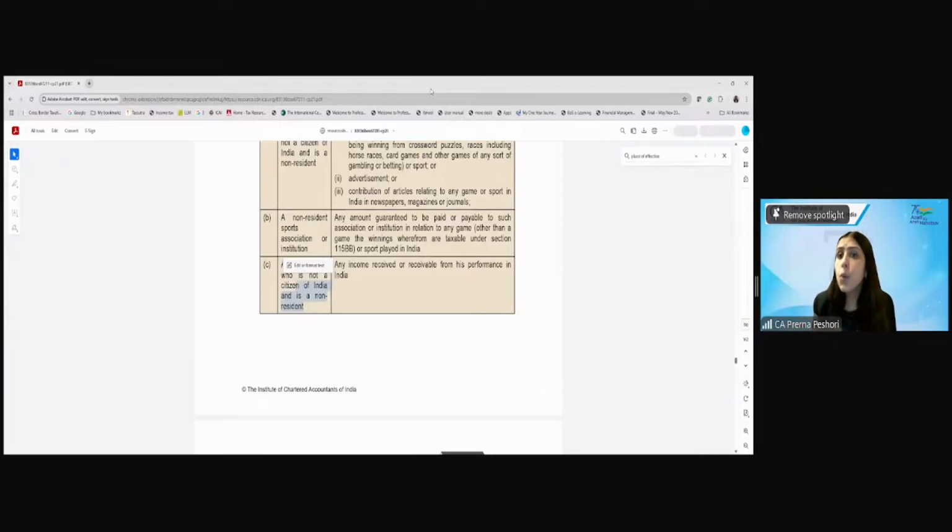For example, Dua Lipa, or Ed Sheeran, whose song Sapphire you would have heard recently. If they generate income from any stage performances in India, that will be taxable at 20% under 115BBA. Are we clear? This will be taxable on a gross basis and no deduction will be allowed in respect of Chapter 6A as well. You will be exempted from filing ITR if this is your only income and the TDS has been duly deducted.